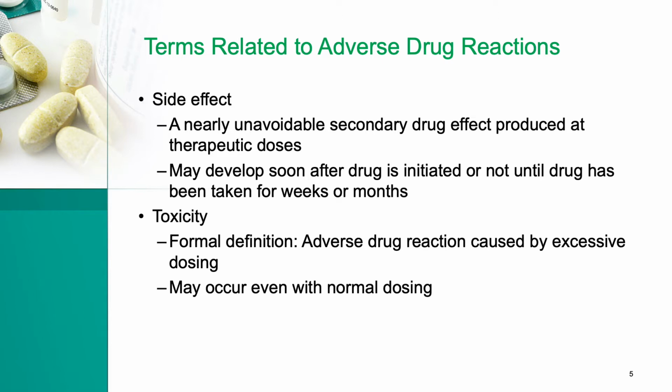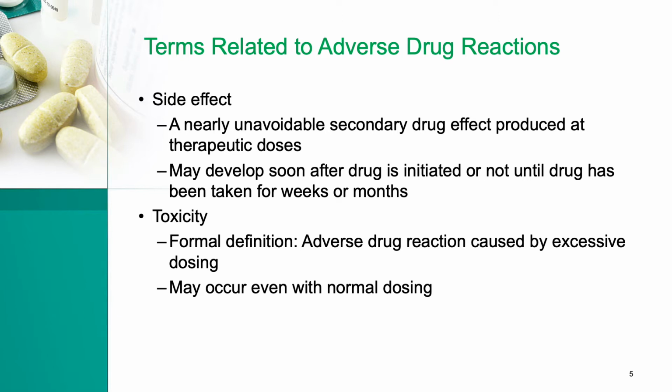Toxicity is an adverse drug reaction caused by excessive dosing, but may occur with normal dosing. Drug toxicity is a common and significant health problem, yet it often goes undetected by both patients and healthcare providers, who don't suspect it as the cause of such symptoms as mental disorientation, dizziness, blurred vision, memory loss, fainting, and falls.